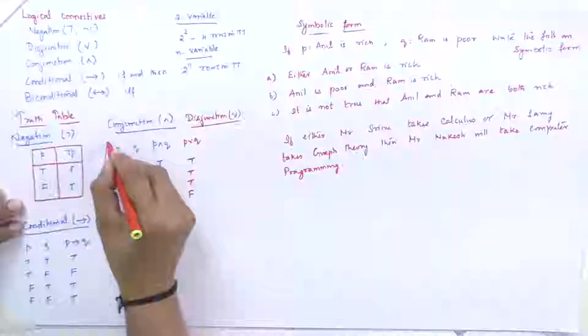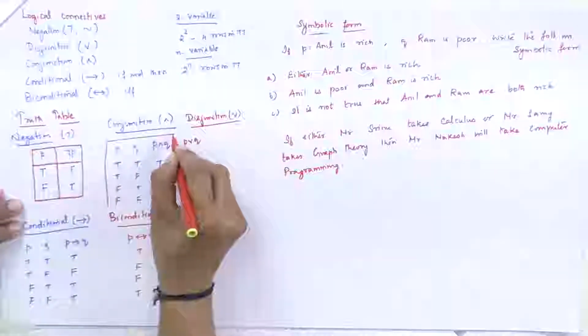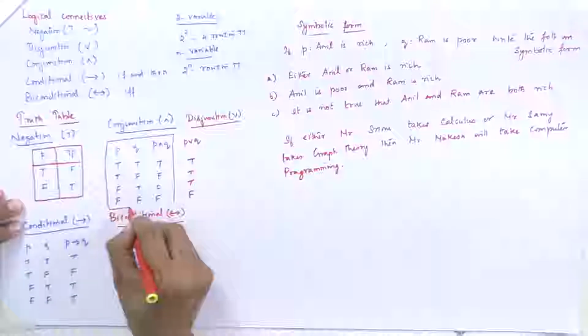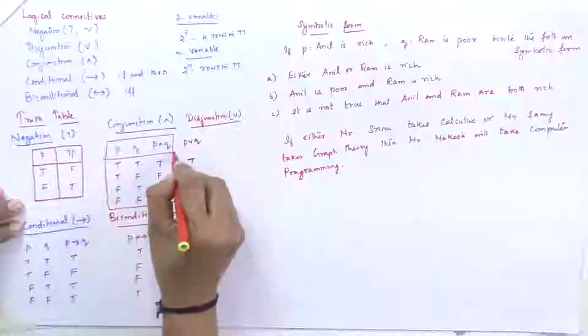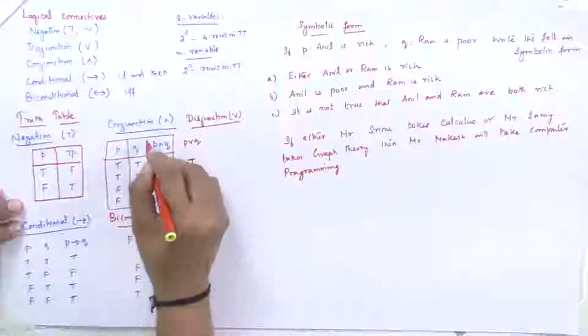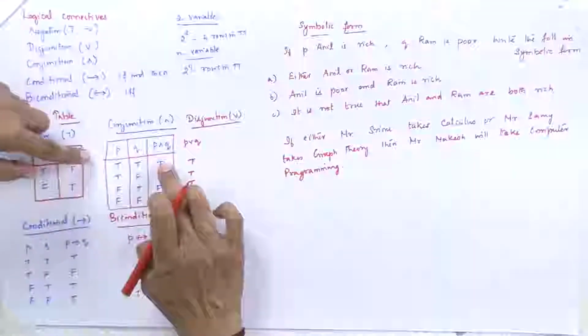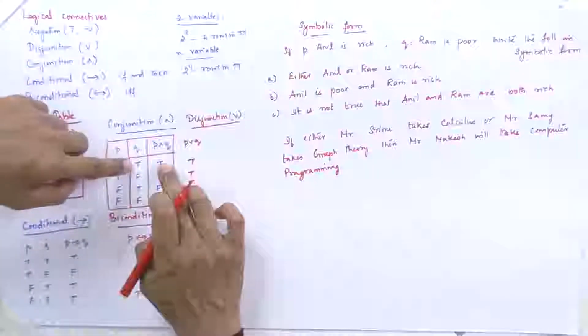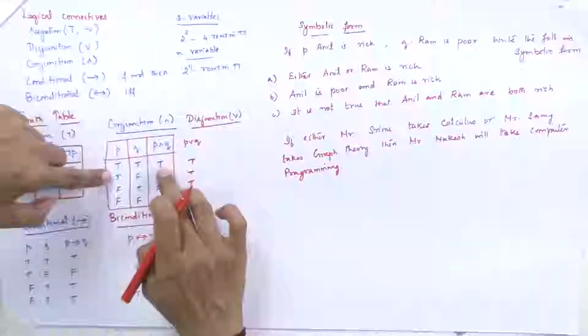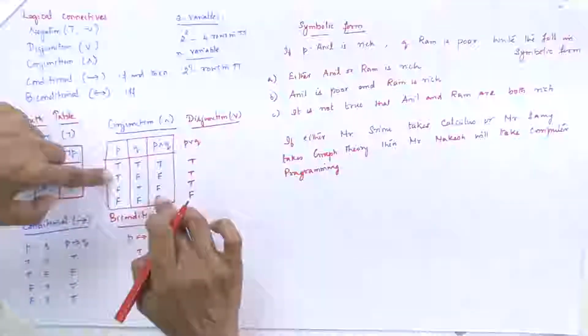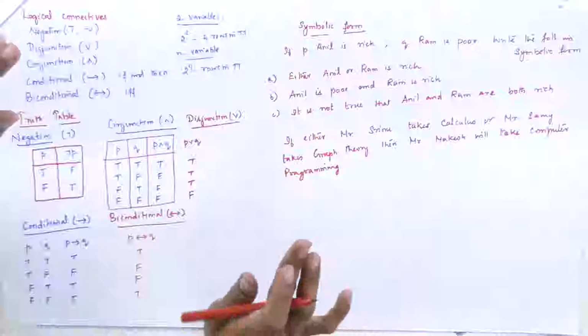For two variables P and Q, P and Q will have the truth value T only if both P and Q have the truth value T. If not, we will have only the truth value F. That is for the conjunction.